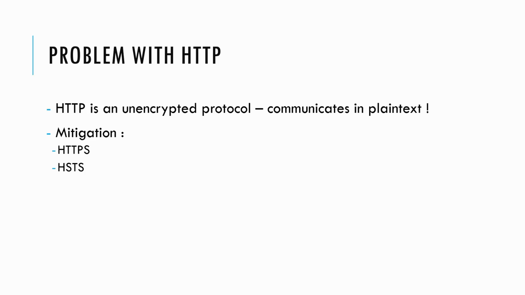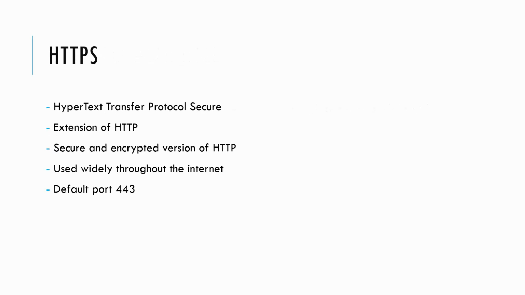So its mitigations involve mainly two things. First is HTTPS and second is HSTS. So what is HTTPS? HTTPS is Hypertext Transfer Protocol Secure, which is an extension of HTTP. It is the secure and encrypted version of HTTP.